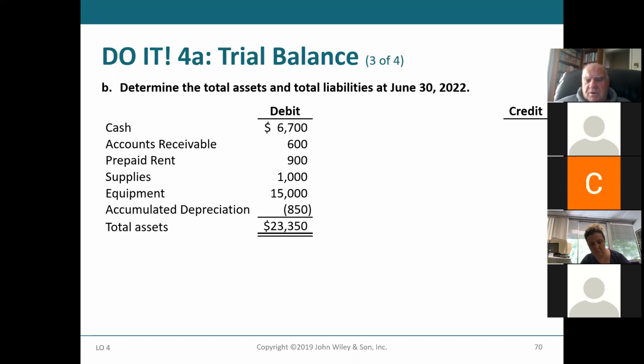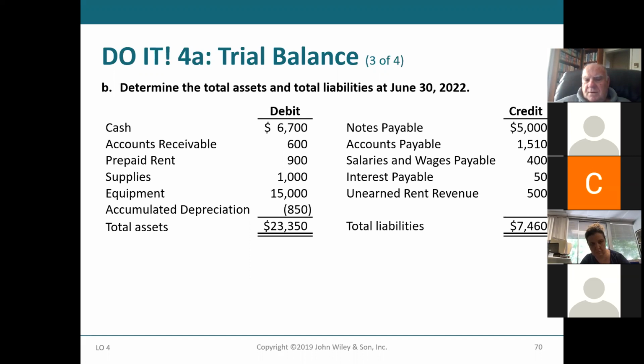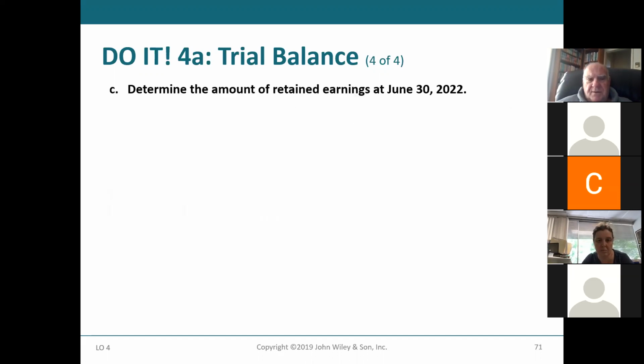So assets are 23,350. Now they want the liabilities. Notes payable, accounts payable, and then we had unearned revenue. Liabilities are 7460. The difference between the two would be your equity, of course.